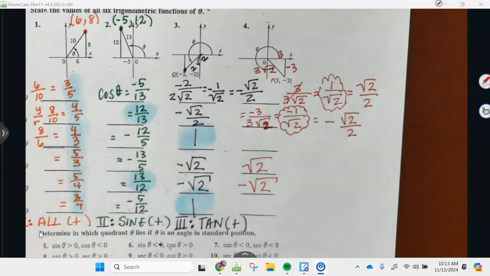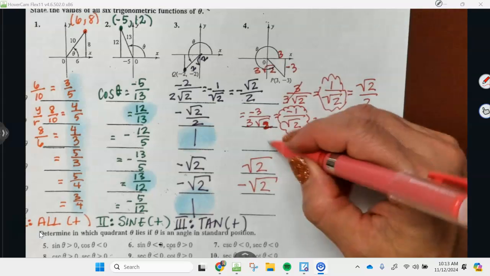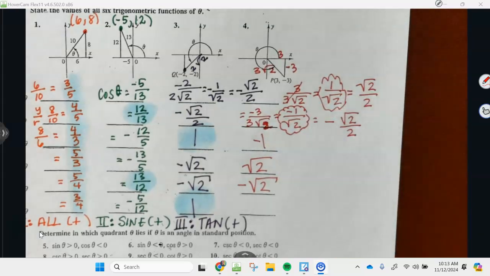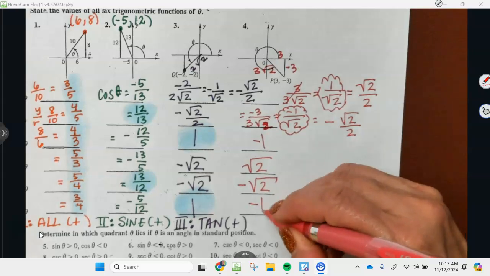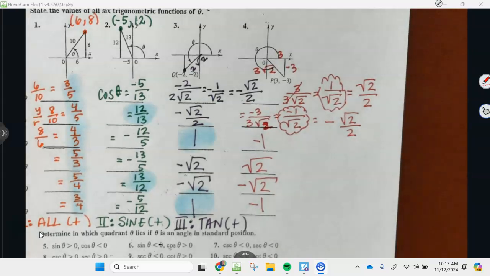All right, y'all, tangent. Take the y value, divide it by the x value. What's -3 divided by +3? -1. And again, when you try to flip -1 upside down, nothing really happens. It's still -1. That was a lot of work, but can y'all find the 2 positives?